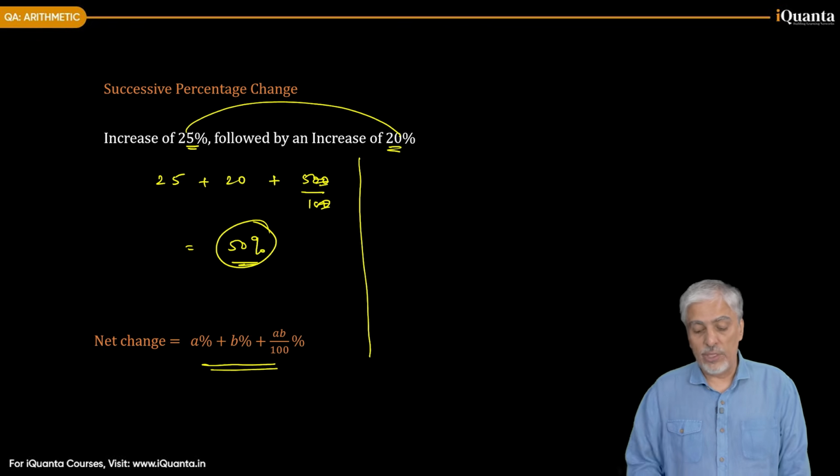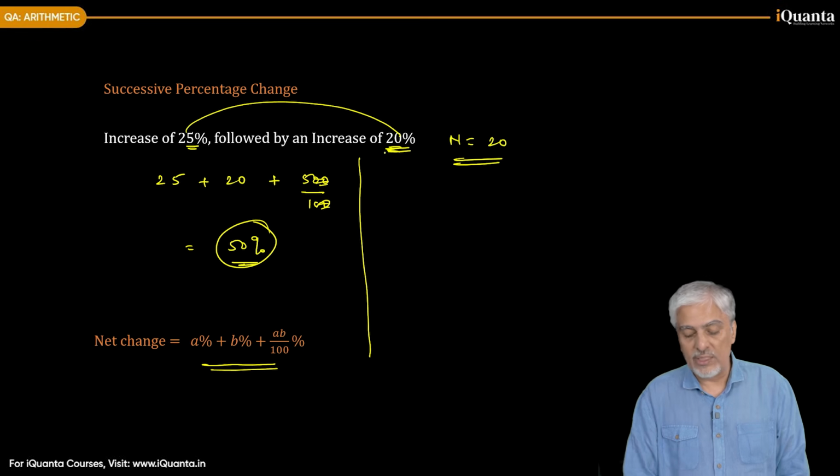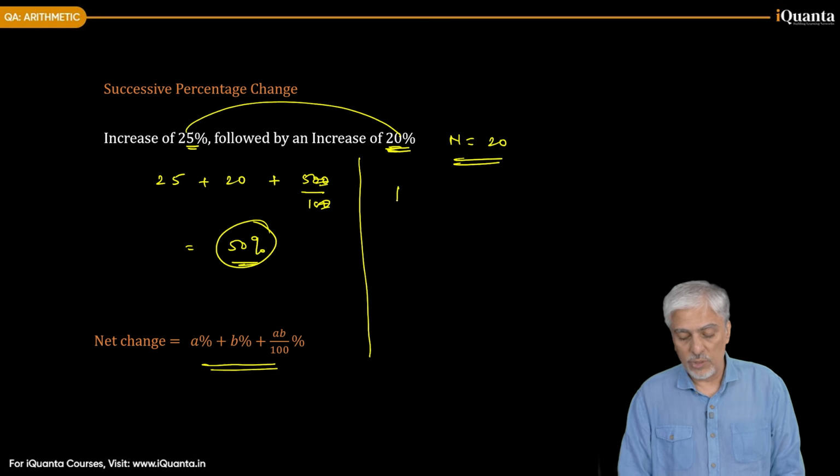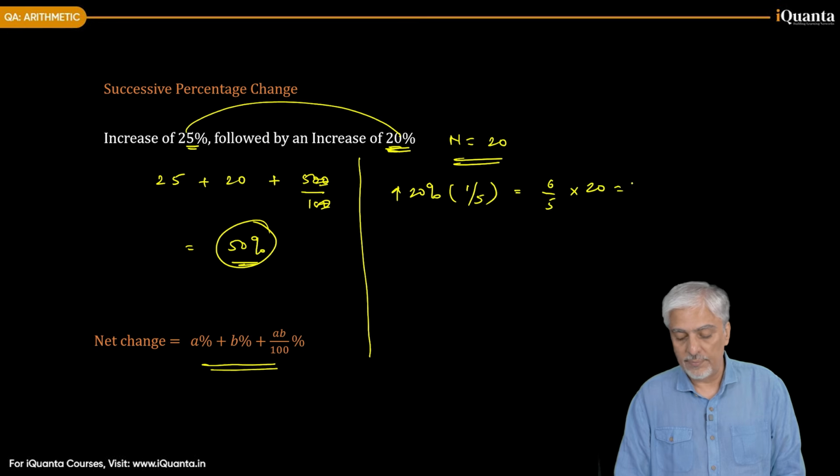While suppose if you had taken value and done, suppose I had taken the original number n to be 20. Suppose there's an increase of 20% first. So increase of 20%, which is 1 by 5. So it is going to become 6 by 5 of 20, value 1. Right? So it will become 24.